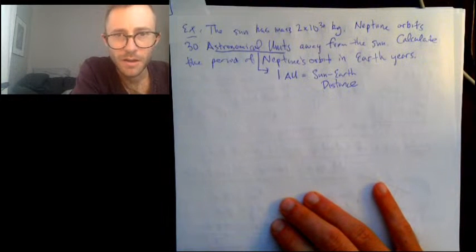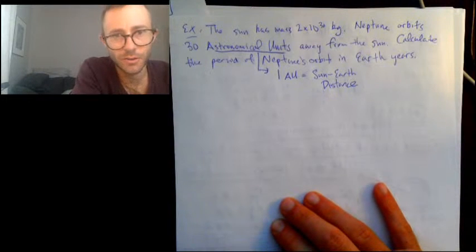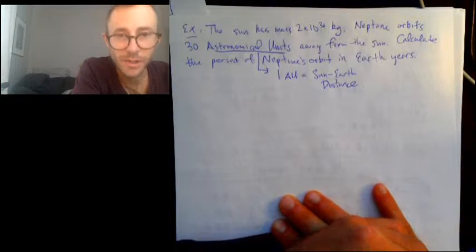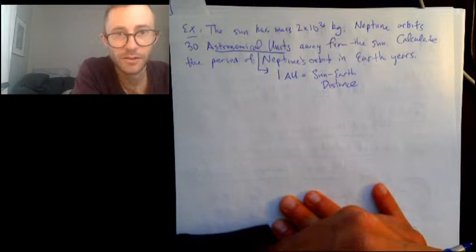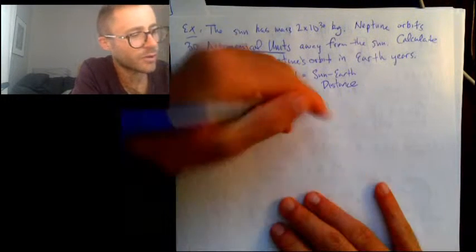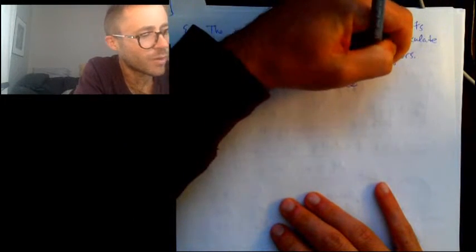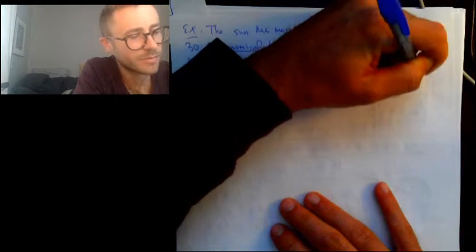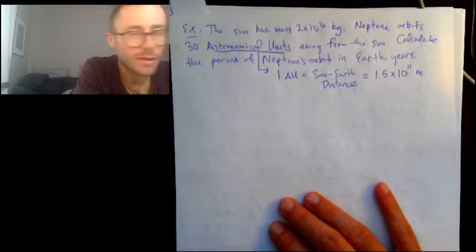So by saying that Neptune orbits 30 AU away from the sun, it's saying that Neptune is 30 times as far away from the sun as the Earth is, as we are, okay? So what is the value of an astronomical unit? It's 1.5 times 10 to the 11th meters. Okay?